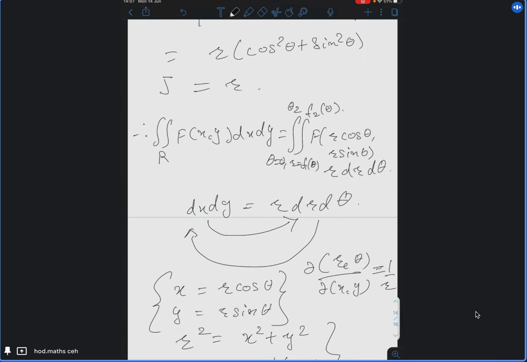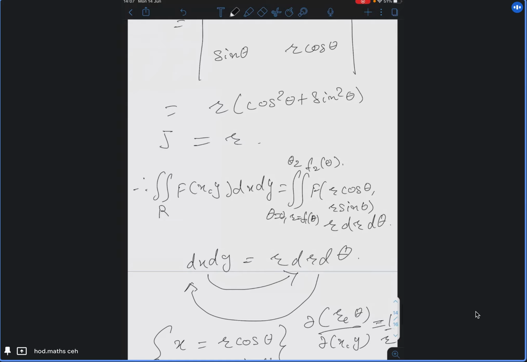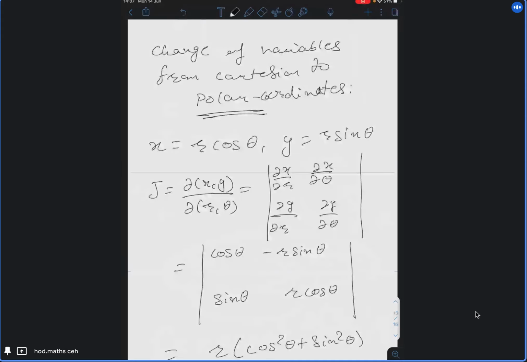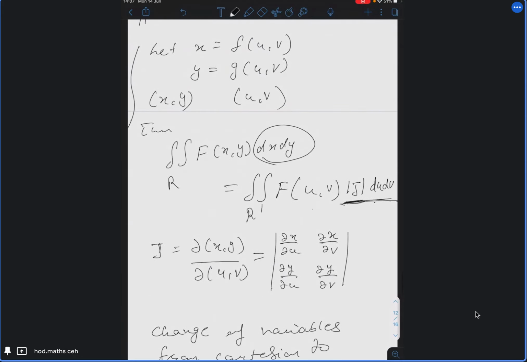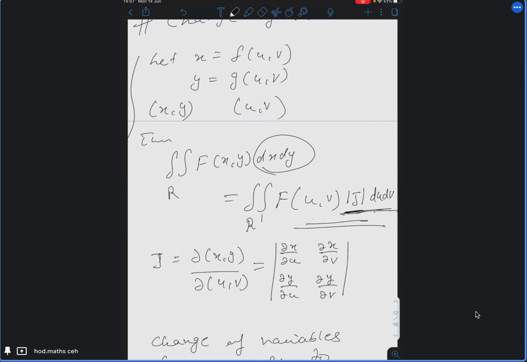Okay, so this we have written because of Jacobian, but theoretically we have a proof for this actually. Because of this transformation and this formula, from where you got this formula, tell me? That is not in your syllabus, na?